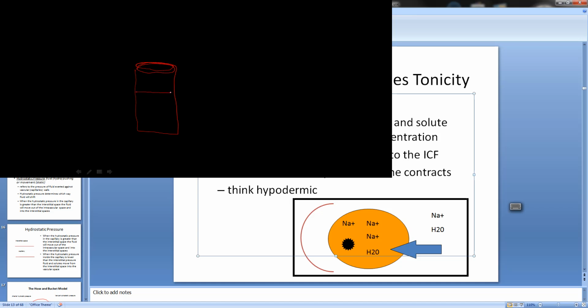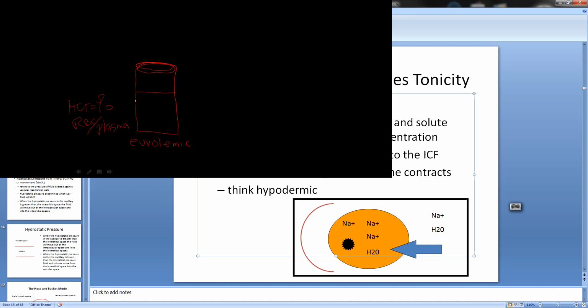In a euvolemic person, someone who has a normal relationship, for instance, to their ICF and their ECF, hematocrit is a percentage. Hematocrit is a percentage of red blood cells in the plasma. This is plasma we have in the tube here.